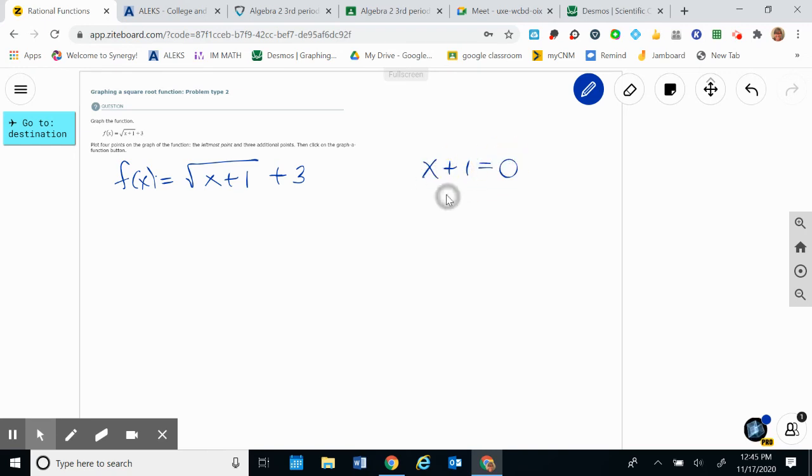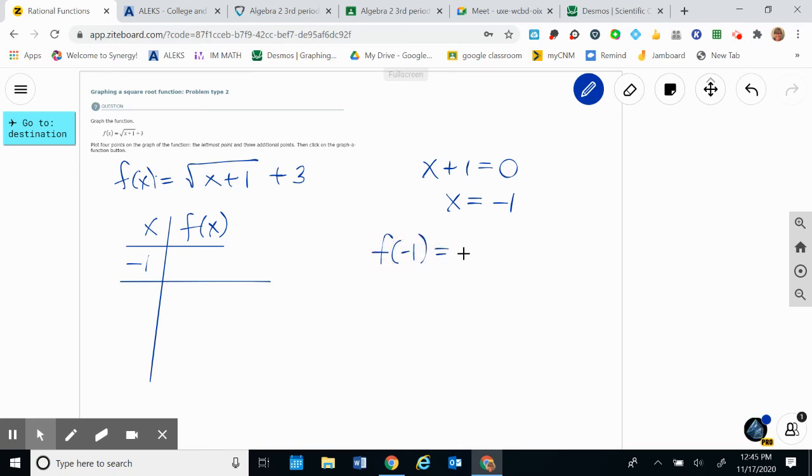Because that's going to help you figure out the domain. The answer is -1. So the leftmost point here, so sorry about this being crooked, is going to be -1. Because when you plug it in, you're going to get the square root of -1 plus 1 plus 3. That's going to be 0, so you're going to get 3.